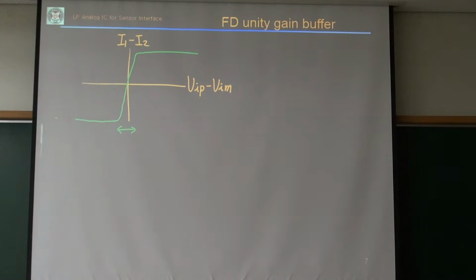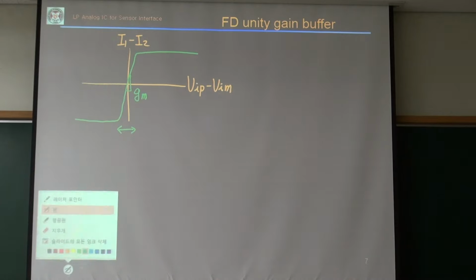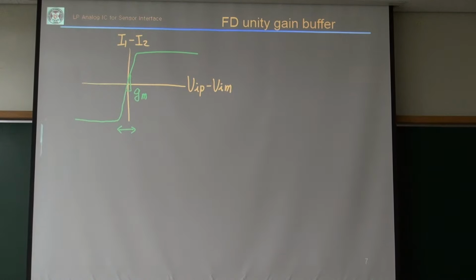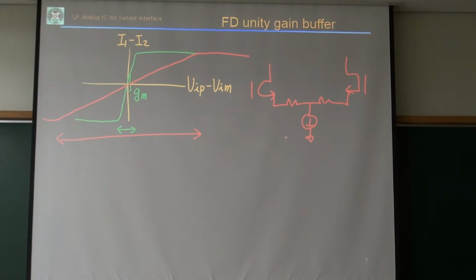Then the question is, if I make this GM smaller, actually this slope is GM, right? I reduce GM by adding a resistance. So can I make it like that? Then my linear range is pretty large, by adding a series resistor in a differential pair. That's your question, right?